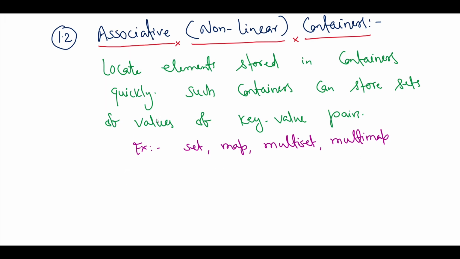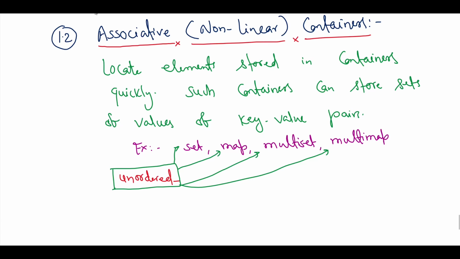You put unordered and then an underscore in front of every container. So for example, set will become unordered_set. Similarly, map will become unordered_map, this will become unordered_multiset, and this will become unordered_multimap.